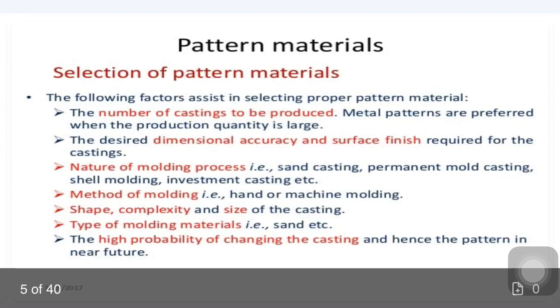We will discuss that issue in the next series of lectures, which is about pattern allowances. There are machining allowances, corrosion allowances, miscellaneous allowances: different kinds of allowances we give on the patterns.